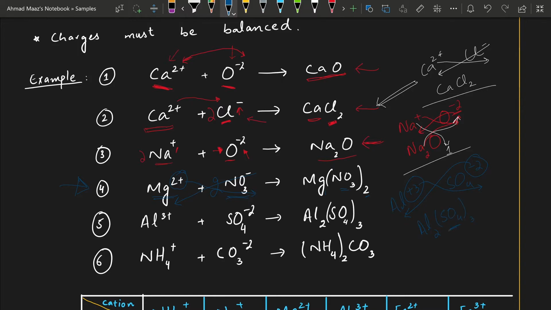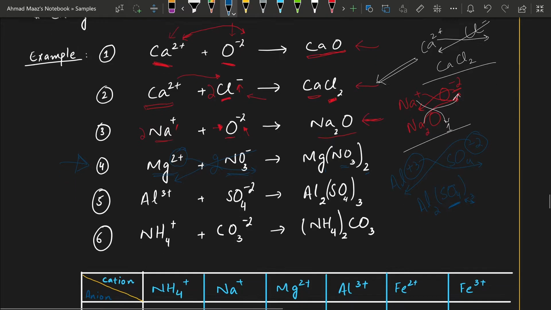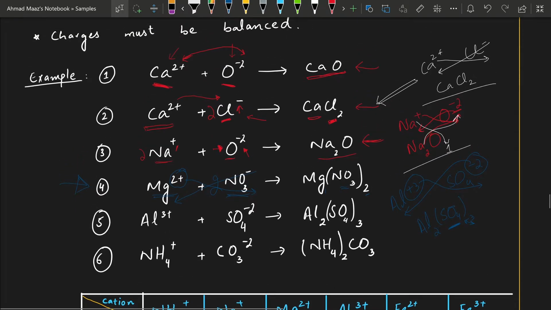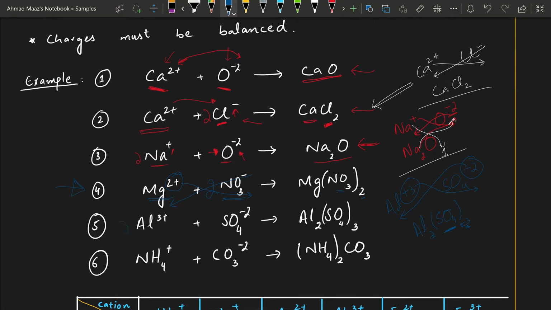Remember, it is sulfate which is 3, so it has to be enclosed in brackets, because we cannot separate the complete sulfate ions. These are the polyatomic ions that we studied. They must be enclosed in brackets when more than one polyatomic ion is involved. So 2 aluminum ions and 3 sulfate ions. This must be balanced.